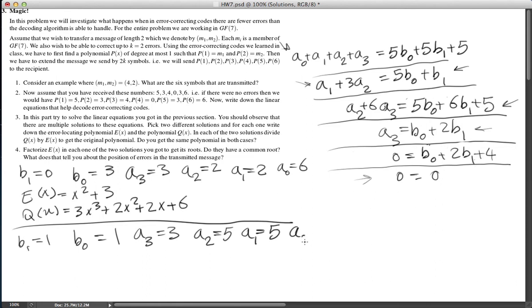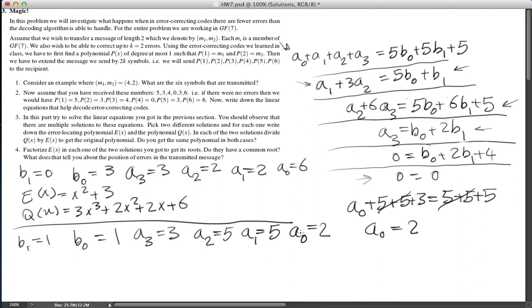Okay, and then a0 is, well, we have a0 plus 5 plus 5 plus 3 equals 5 plus 5 plus 5, right? So these two things disappear with this one, so this is saying that a0 is equal to 5 minus 3, which is 2.